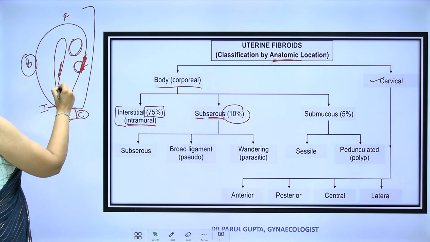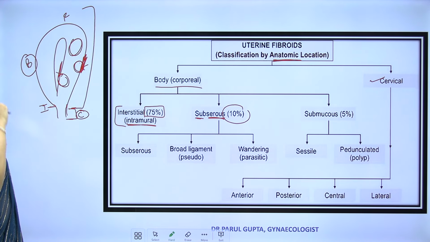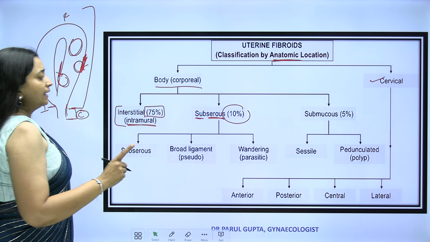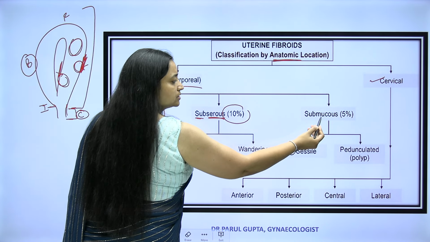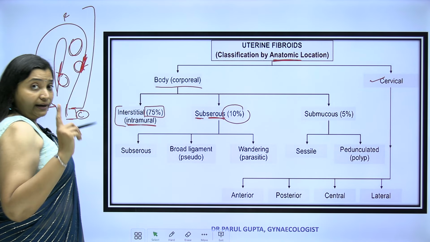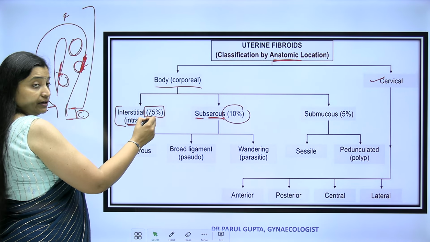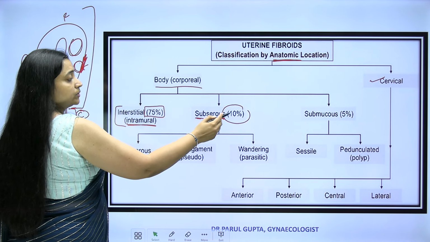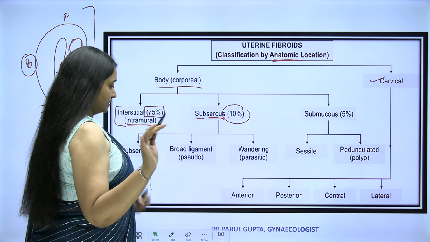So any fibroid which is located over here is submucous, just beneath the endometrium or the mucosa. So depending on the location, it could be intramural, subserous or submucous. But depending on the incidence, the most common is the intramural, that is 75%, subserous is only 10%, and submucous is less still, which is 5%.